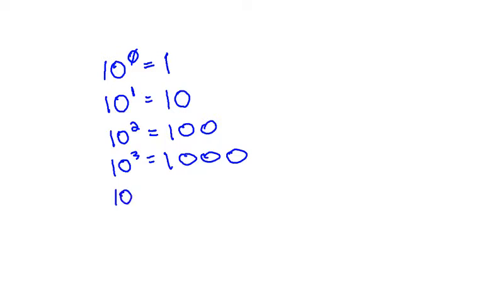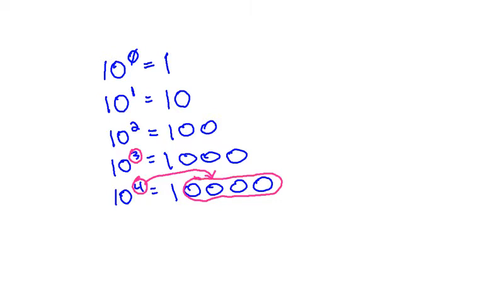And 10 to the fourth power is 10,000. Now do you see a pattern here? Here's the pattern. Whatever this exponent is that the 10 is raised to, that's how many zeros you're going to have in the answer. 1, 2, 3, 4 zeros, because it's raised to the fourth power.